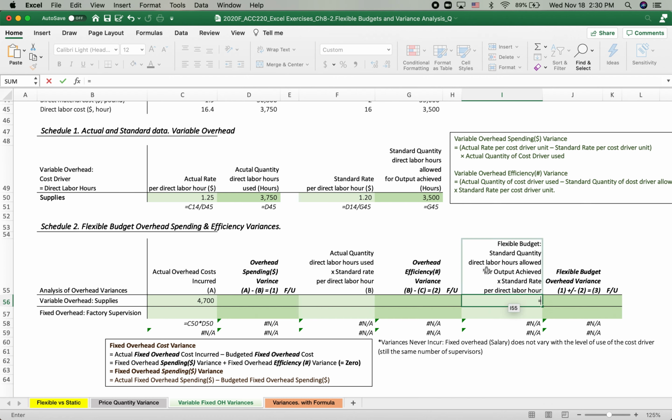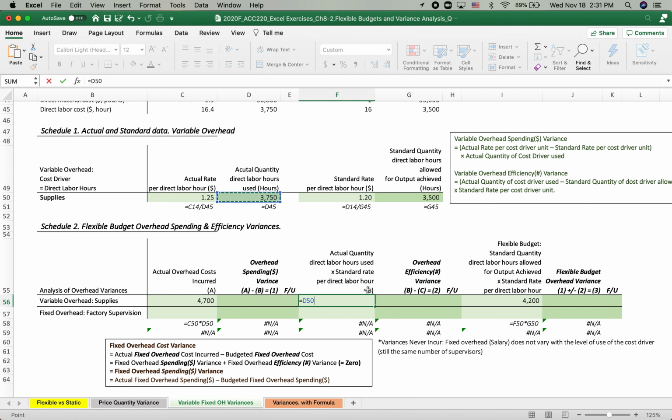The flexible budget is the standard quantity of direct labor hours times the standard rate per direct labor hour. So 1.2 times 3,500 is 4,200. Now let's calculate the actual quantity of direct labor hours used times the standard rate per direct labor hour. So where do we get it? There you go.